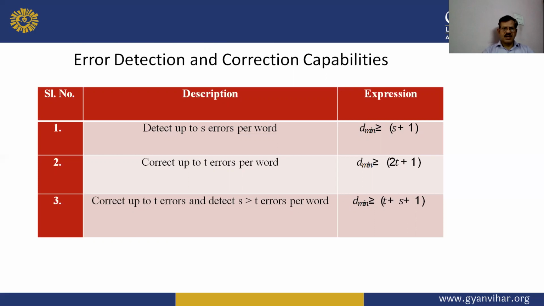Next is correct up to t errors and detect s greater than t errors, so the expression for the minimum distance will be greater than or equal to t plus s plus 1. So these are the error detection and correction capabilities.